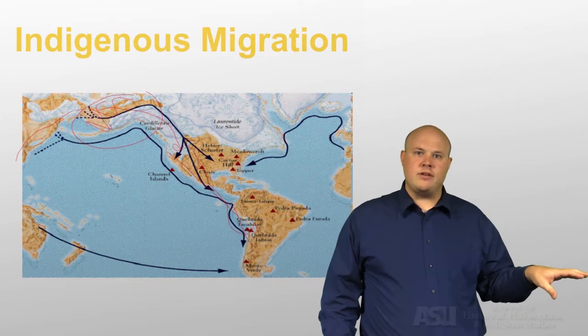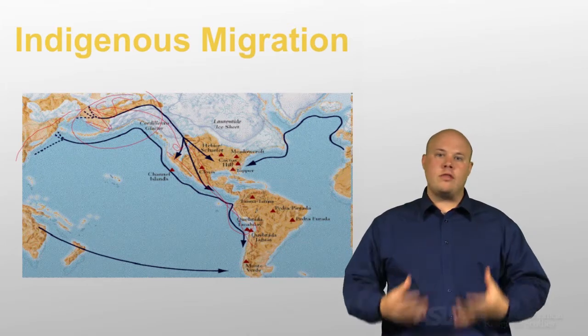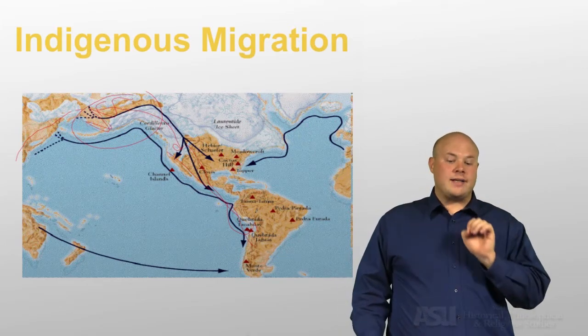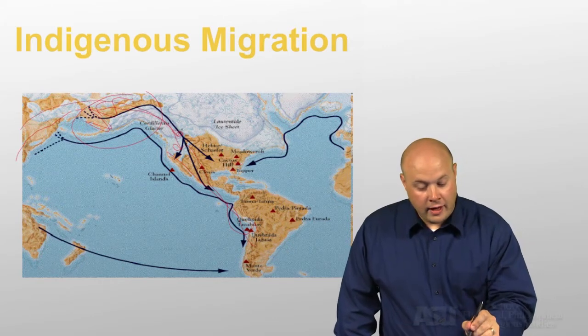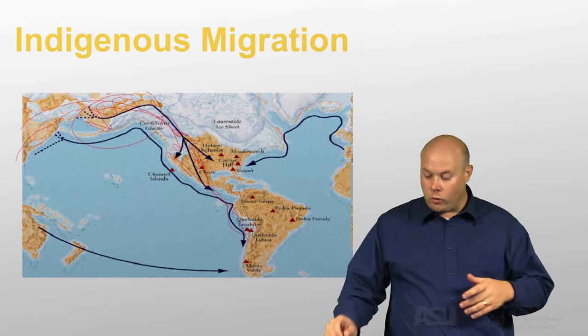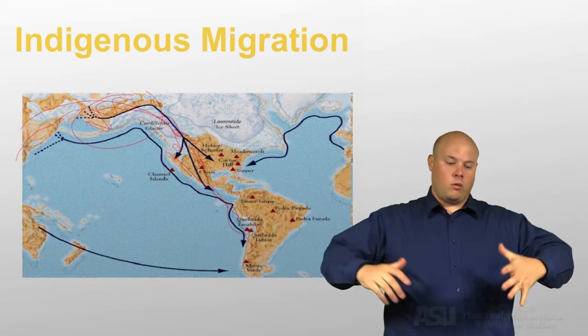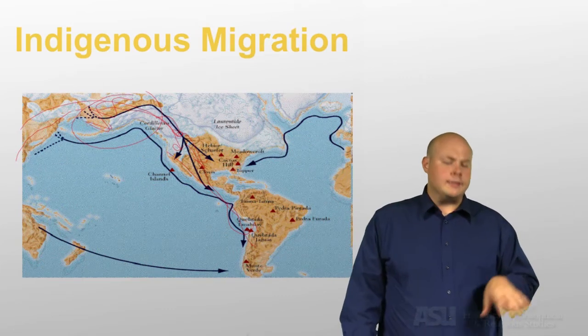I mentioned in the previous lecture that I had just actually read an article that said this happened about 23,000 years ago. And in fact happened in one stream, that there was one stream of people that came over, and then that stream broke off into two distinctive groups, one of which is the Amerindians, or what we largely know as Native Americans that are going to populate North and South America.